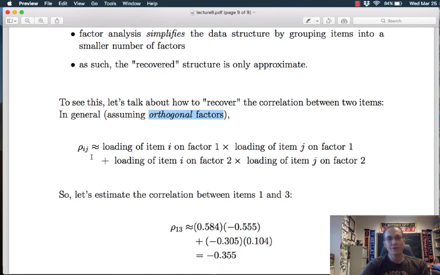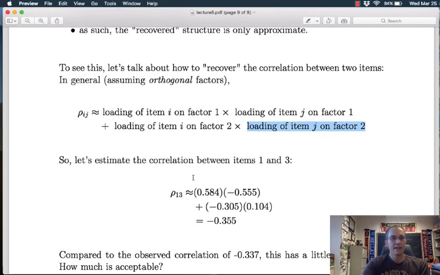So it is a fact from the factor analysis model that you can get the correlation between items i and j, and we'll do an example in a second, but you can get the correlation between any 2 items by taking the loading of the first item on factor 1 times the loading of the second item on factor 1, and then adding that same product for factor 2. So the loading of the first item on factor 2 times the loading of the second item on factor 2.